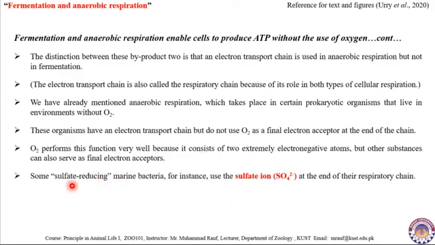Some sulfate reducing marine bacteria, marine meaning living in salty environments, for instance, use sulfate ion. So in these bacteria, sulfate ion acts as the final acceptor of electrons instead of oxygen.